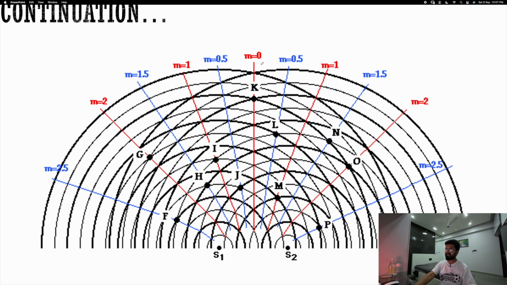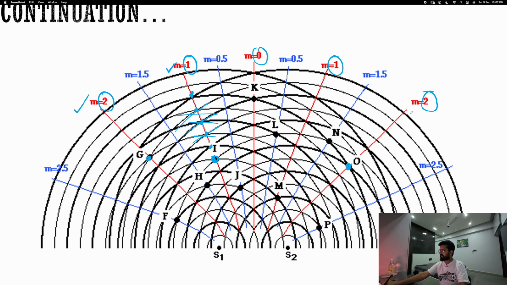So we can make a note point. The note point is wherever you have a path difference equal to integral multiple of lambda, those points are where you're going to have constructive interference. So all these red lines, you stand anywhere on this red line, you see constructive interference. So either trough meeting trough, crest meeting crest, constructive interference.